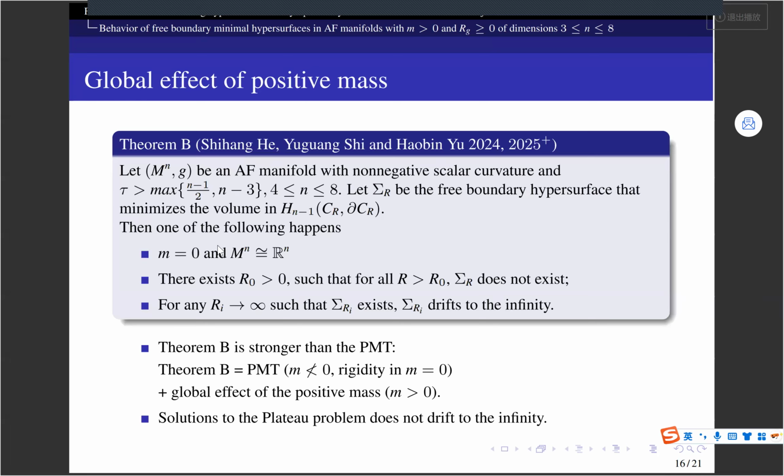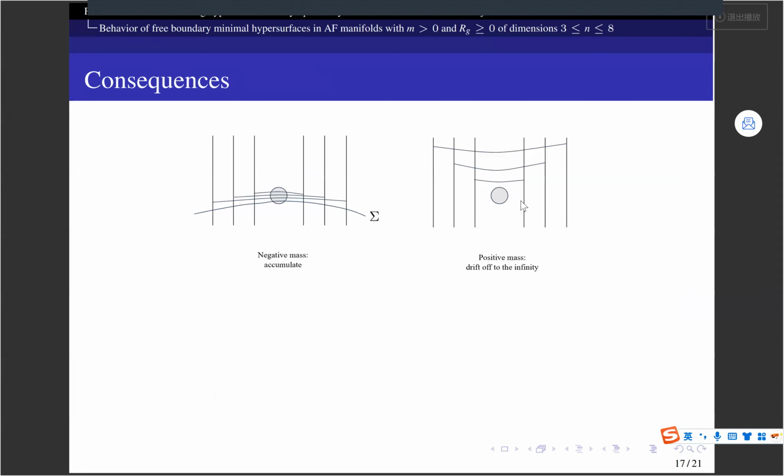And this will violate the theorem, since this theorem has already claimed that any sequence of this kind of free boundary minimal hypersurface can never accumulate unless it is the critical case when the mass is 0. And the second part is just mentioned above. It's the global effect of the positive mass. It pushes the free boundary minimal hypersurface to infinity.